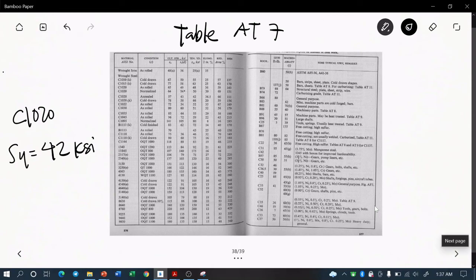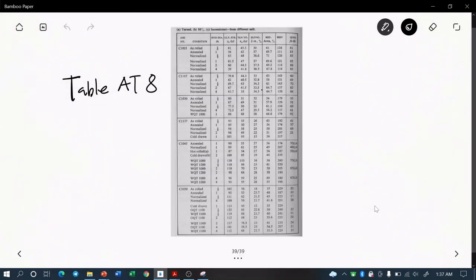Okay, let's go to table 88. So table 88 is the same as 87. This also shows other steel and their corresponding properties. So we're going to look at this third column for the S sub y.